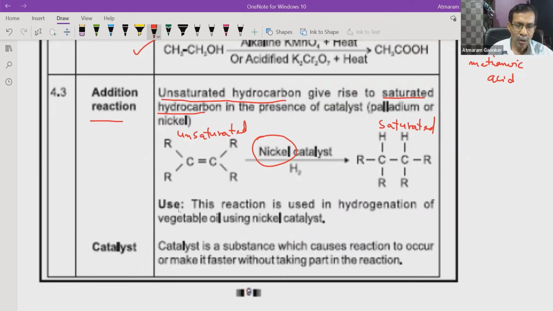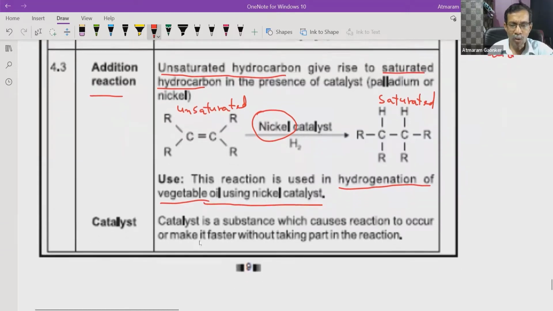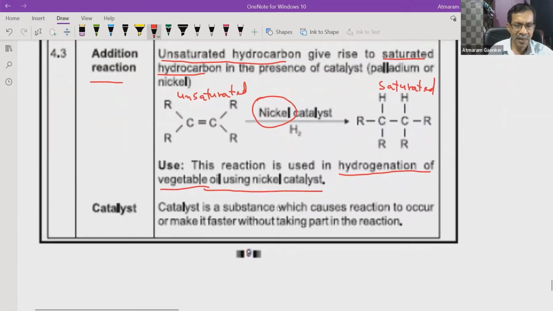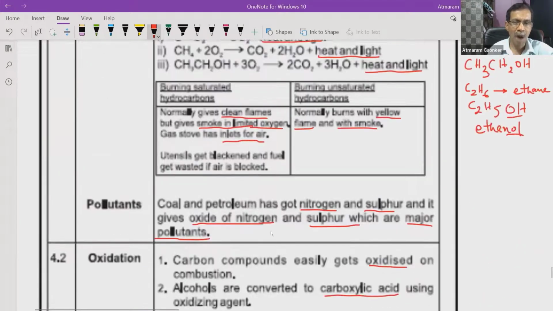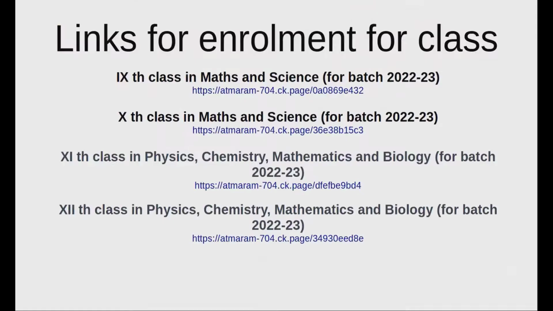The use is in the hydrogenation of vegetable oil using a nickel catalyst. And you must know what a catalyst is. A catalyst is a substance which causes a reaction to occur and makes it faster without taking part in the reaction. So this is all about this chapter, carbon and its compounds.